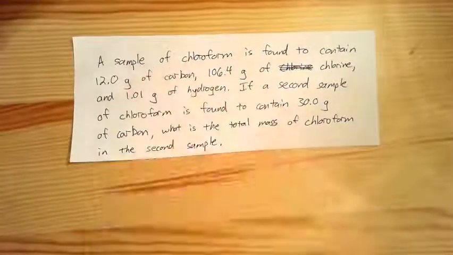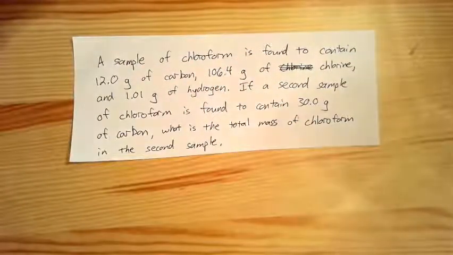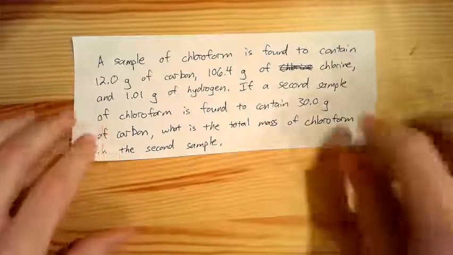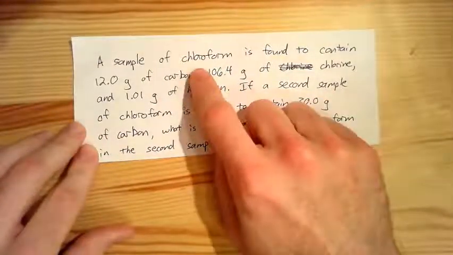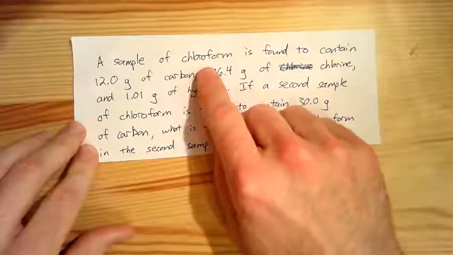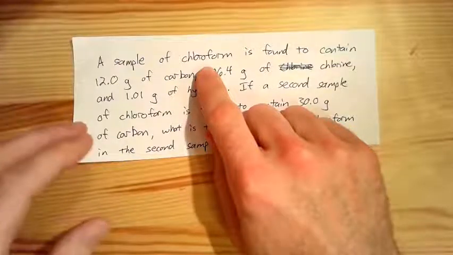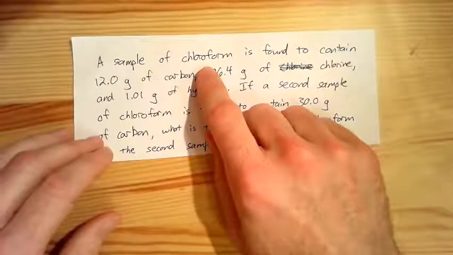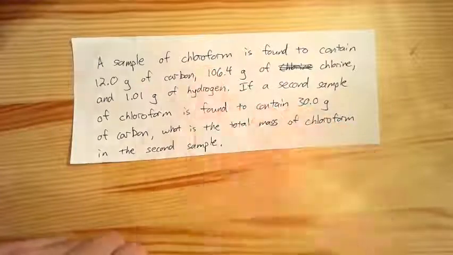Give this problem a read, pause it, and make sure you understand it. When we have this problem, you might have looked here and said, hey, they told me chloroform. Well, I don't know what chloroform is, so could I still do this? The answer is yes, you can.